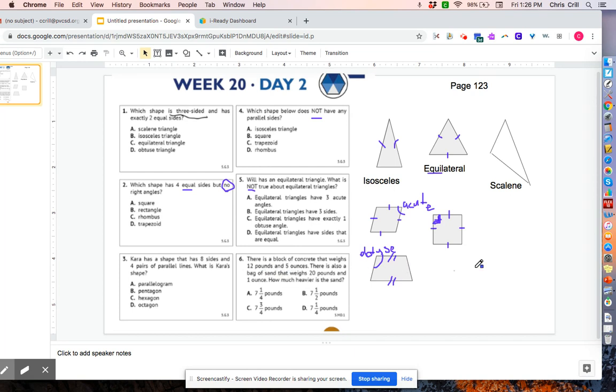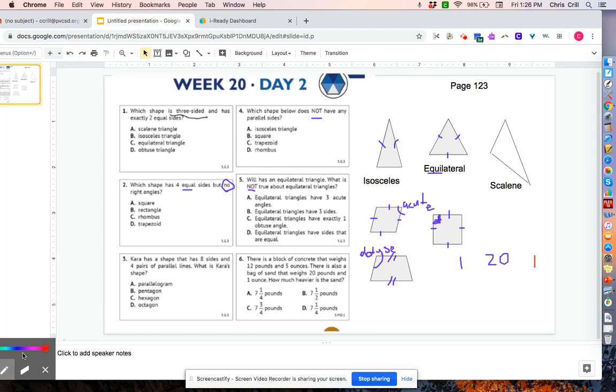You can subtract. We're going to put our heavier weight on top, which is 20 pounds and 1 ounce. I should actually write that in a different color. So let's take a look at this. We have 20 pounds, 1 ounce.